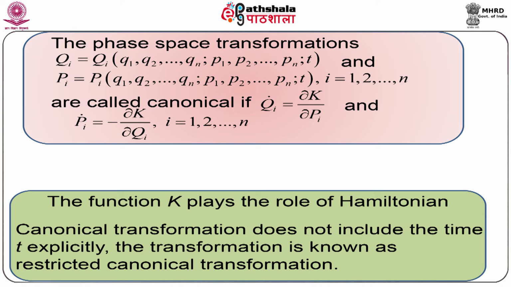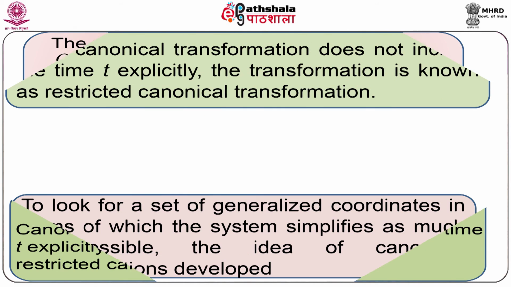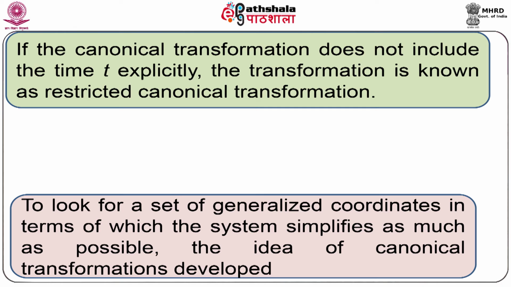Thus, to look for a set of generalized coordinates in terms of which the system simplifies as much as possible, the idea of canonical transformations developed. If the canonical transformation does not include the time t explicitly, the transformation is known as restricted canonical transformation.